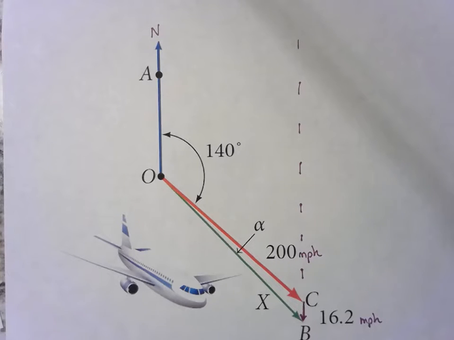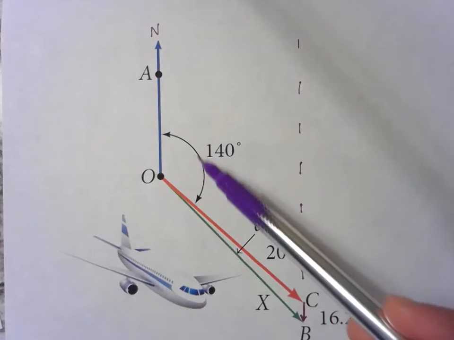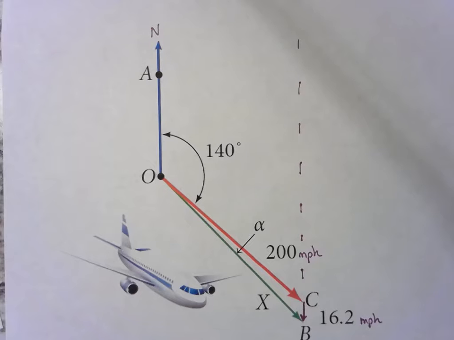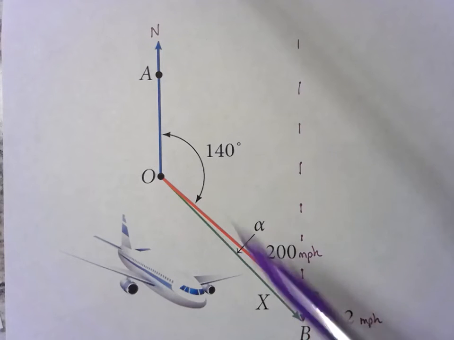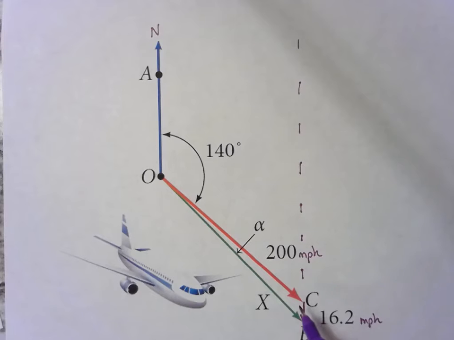Well, we know that this angle is 140 degrees. We know that this line is cutting two parallel lines, which means alternate interior angles are equal. That means this angle right here, angle C, is also 140 degrees.